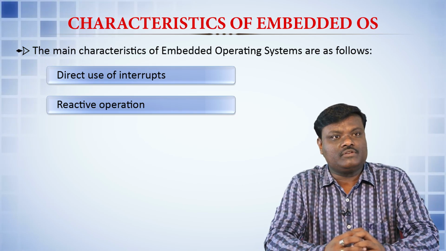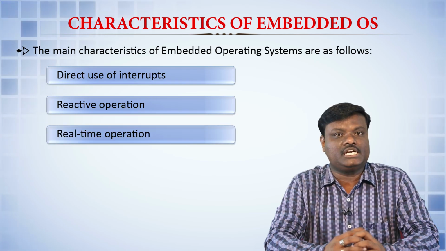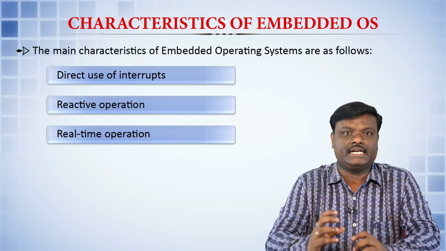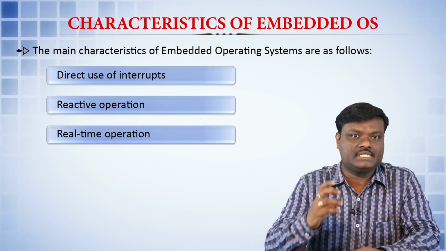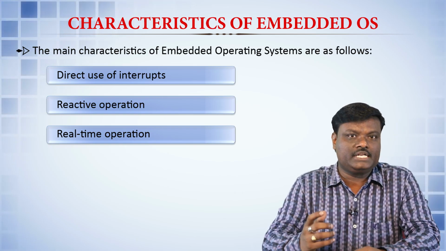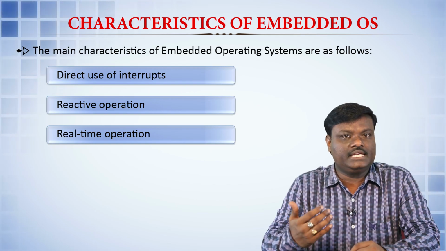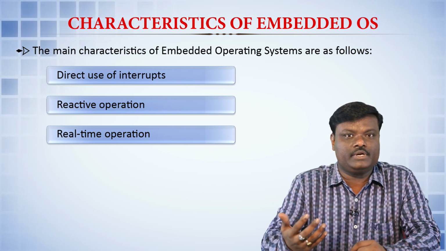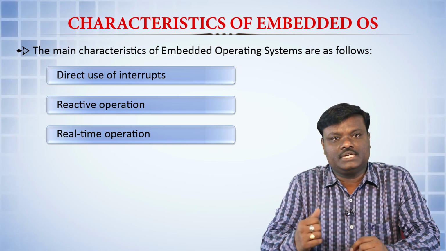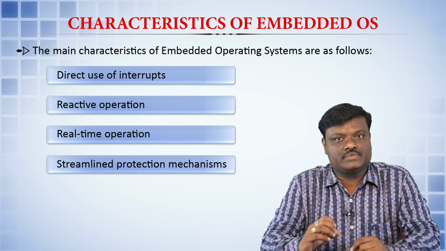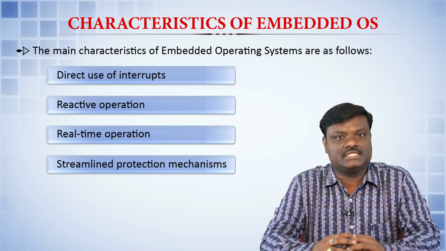The operation that it triggers is the real time operation, depending upon the parameters that it is monitoring. Obviously, when something abnormal happens, then the reactive operation or the real time operation comes into picture. Streamlined protection mechanisms are available in the embedded operating systems.